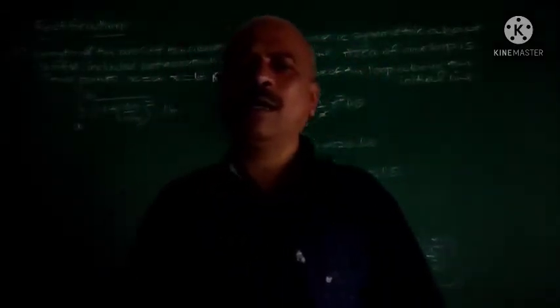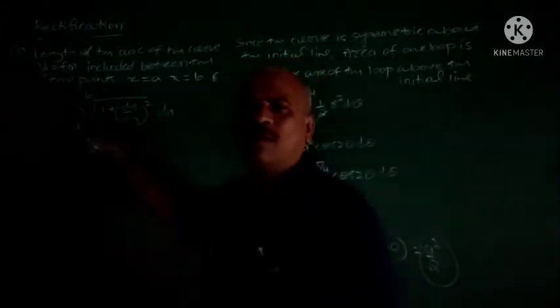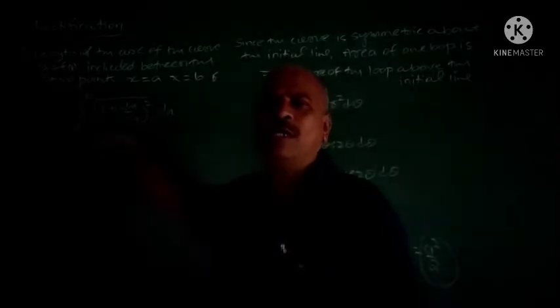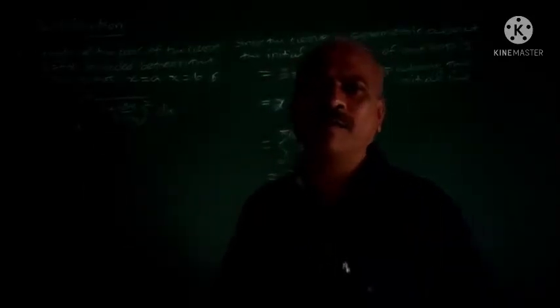I repeat here because you may not see this one. It is very dark here. Length of the arc of the curve y is equal to f(x) included between the 2 points x equal to a, x equal to b is integral a to b root of 1 plus (dy/dx) squared.